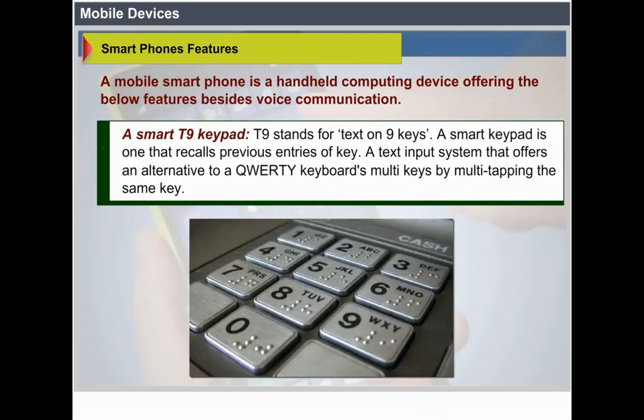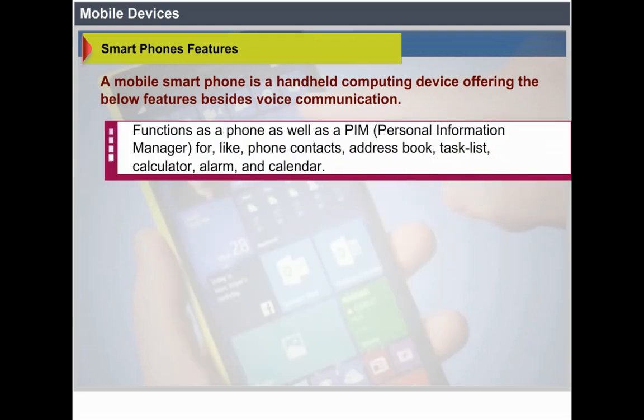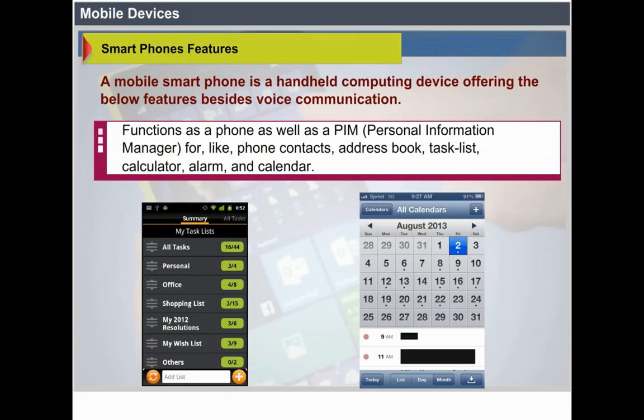T9 stands for text on 9 keys. A smart keypad is one that remembers previously keyed entries. A text input system that offers an alternative to a QWERTY keyboard's multi-keys by multi-tapping the same key. Functions as a phone as well as PIM, Personal Information Manager: phone contacts, address book, task list, calculator, alarm and calendar.